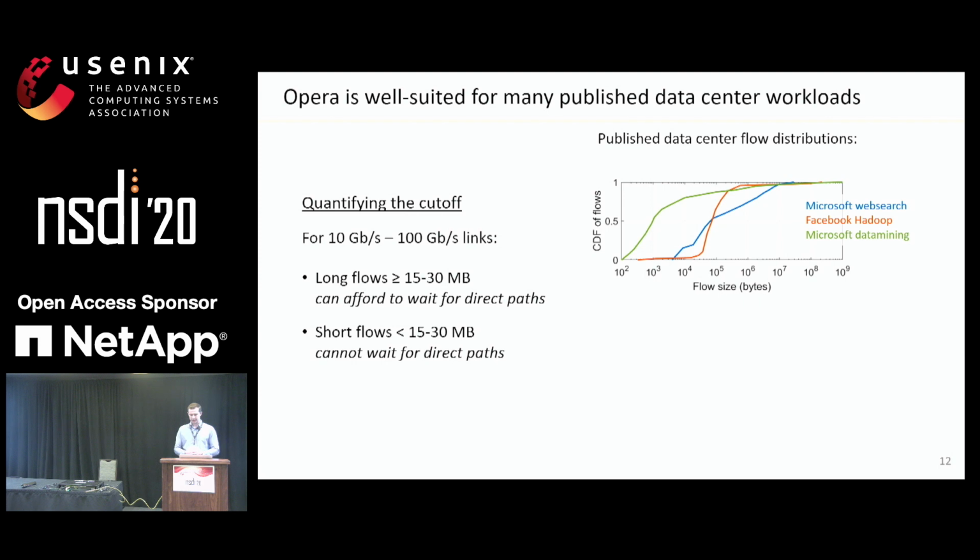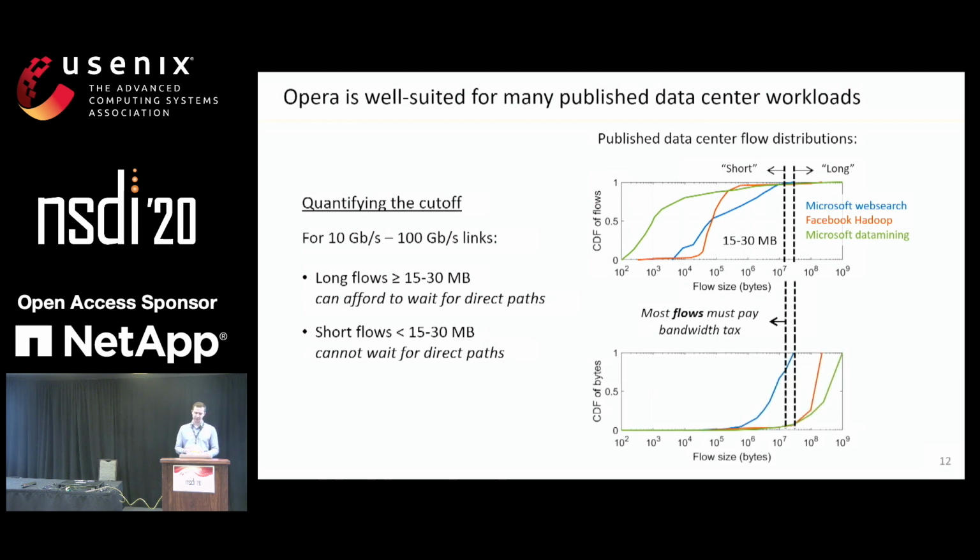If we look at data center network traffic, these published flow distributions, we see that most flows in these workloads would be classified as short flows. So most flows would have to pay this bandwidth tax in Opera. However, talking about the number of flows is not really the right metric here.